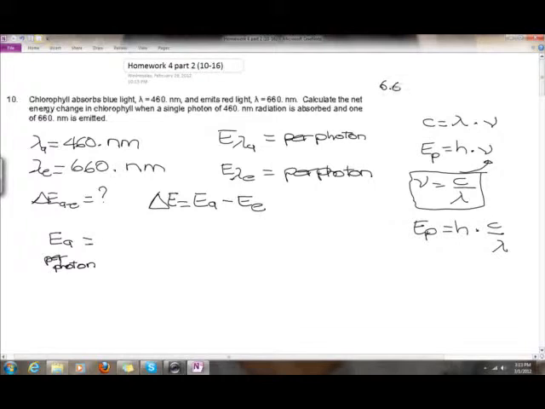It's 6.63 by 10 to the minus 34 joules multiplied by seconds. So we plug the Planck constant into this equation.